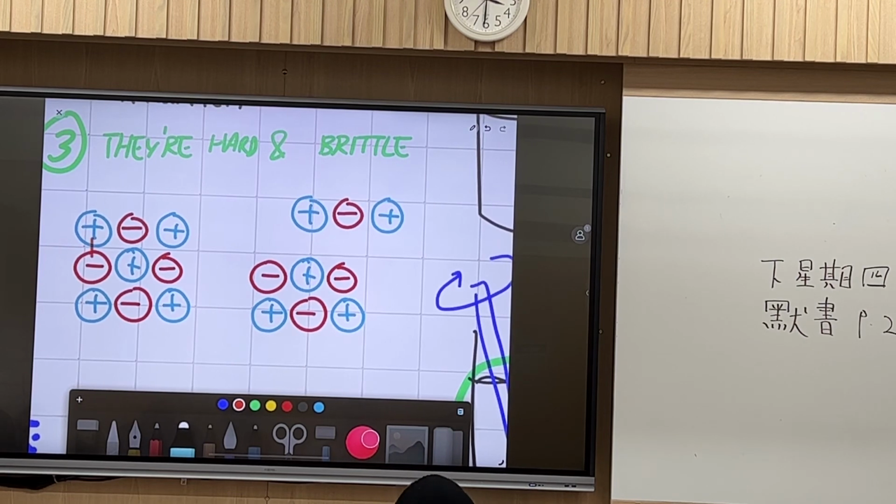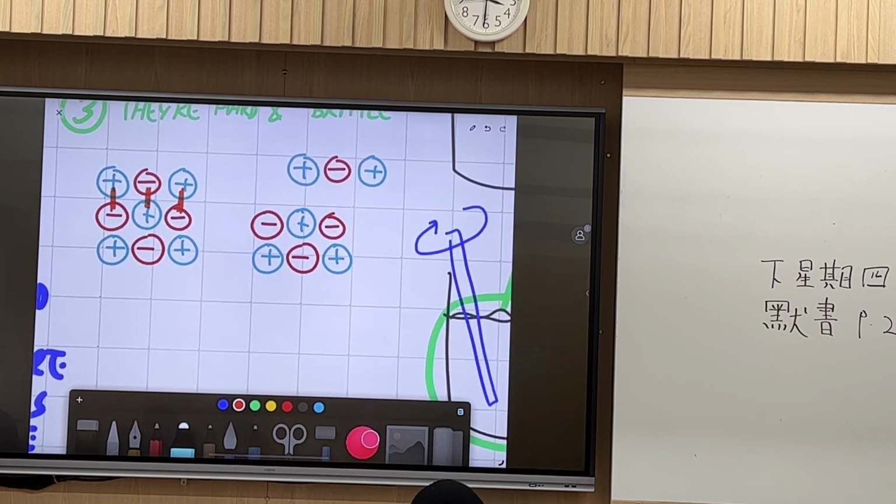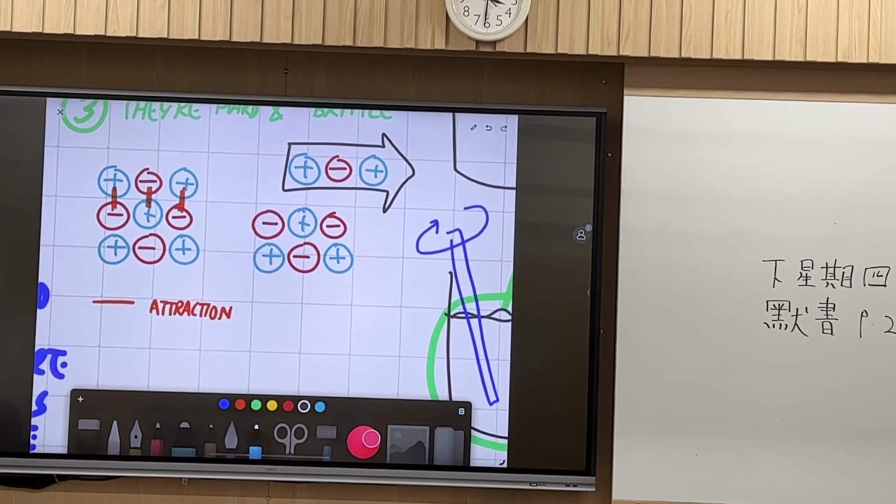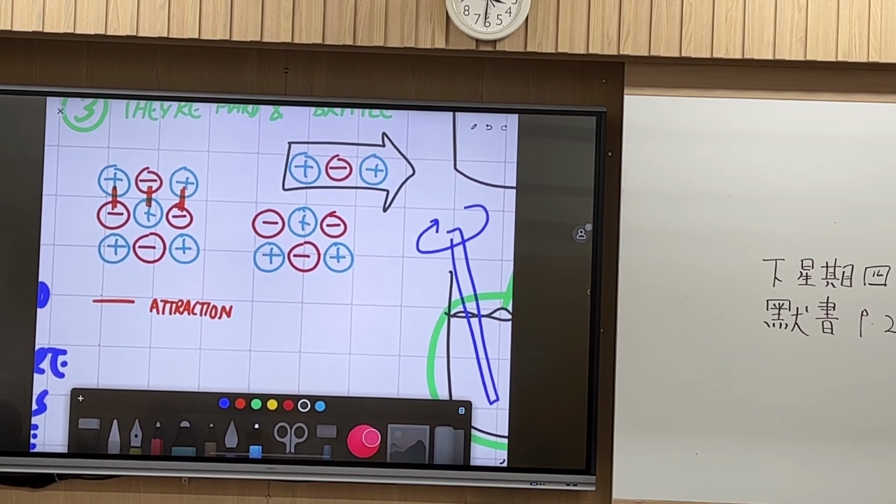Between these ions, do you have attraction or repulsion? Attraction. So can you use two different colors in here? Orange means attraction. What about on the right? As you shift one layer off to the side, what used to be attraction will now become repulsion.